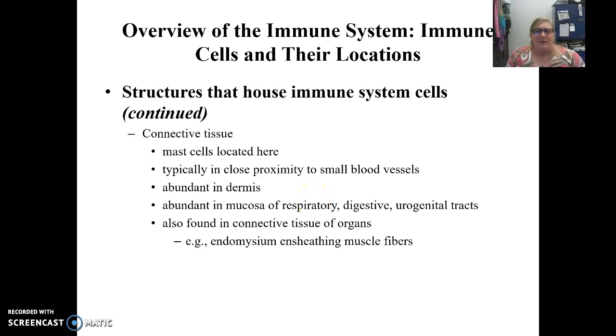Very similar to what basophils do. Basophils secrete heparin and histamine to help increase blood flow to the site of damage and to cause the capillaries to become more leaky so that your neutrophils, your macrophages, your B and T lymphocytes can get to the site of damage and can start fixing everything.